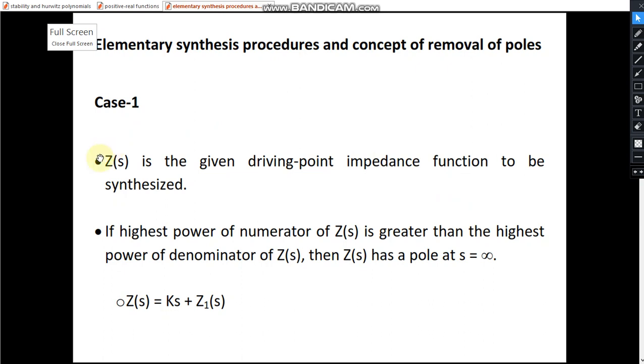Now suppose Z(s) is the given driving point impedance function, and in this Z(s), the highest power of the numerator is greater than the highest power of the denominator. The difference cannot be more than 1.